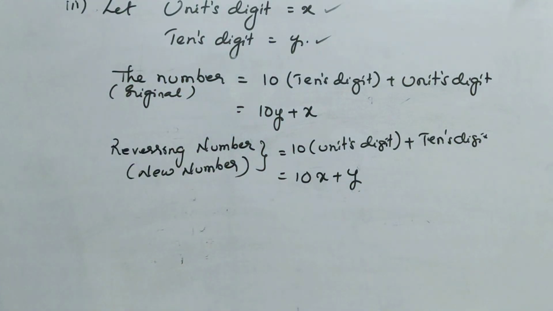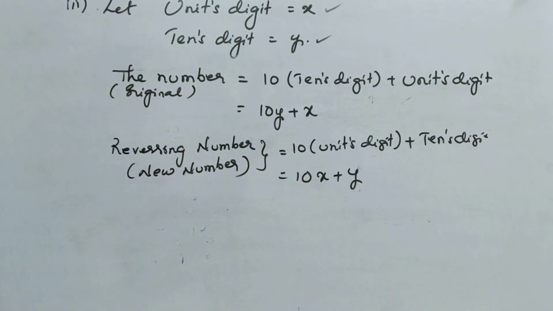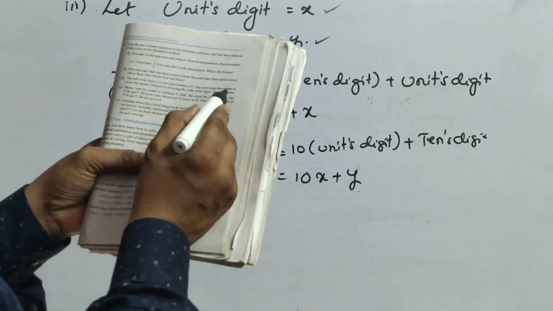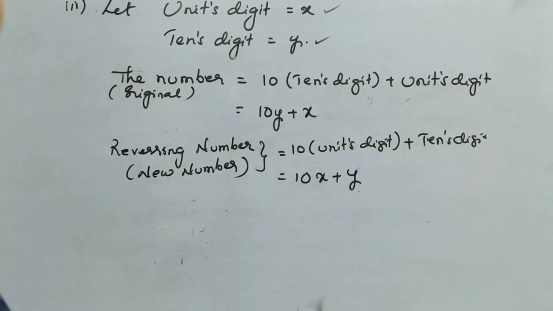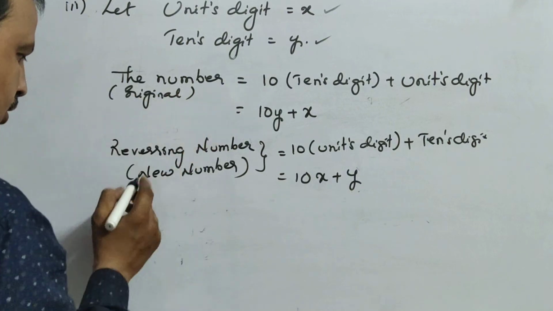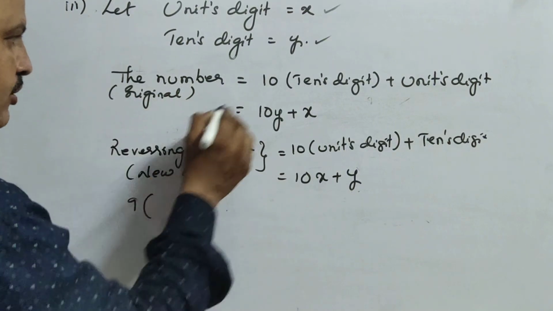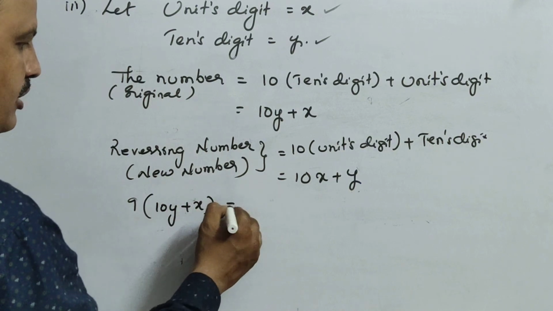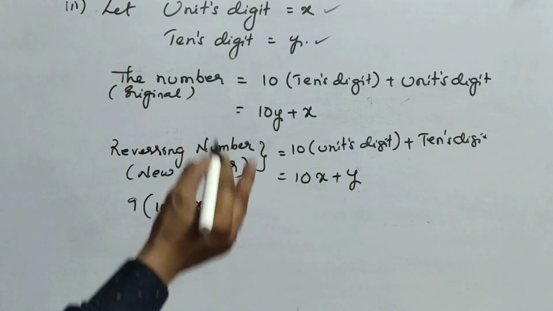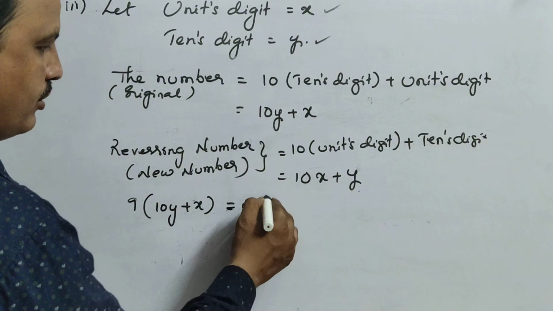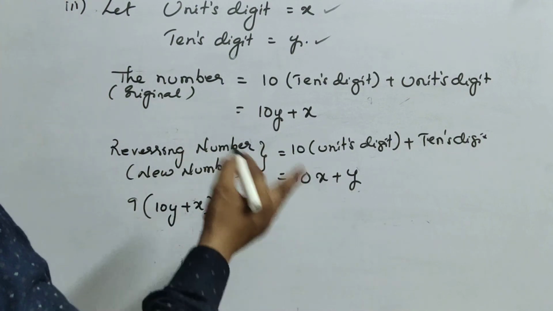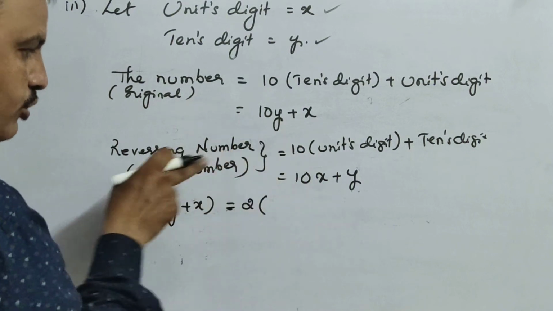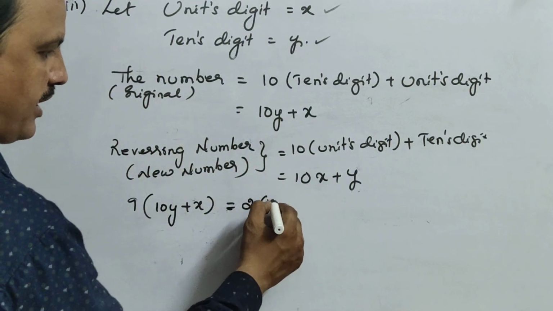Once again I am reading the question, listen very carefully. 9 times this number, that is 9 into 10y plus x, equals twice the number obtained by reversing the order of the digits, that is 2 into 10x plus y.